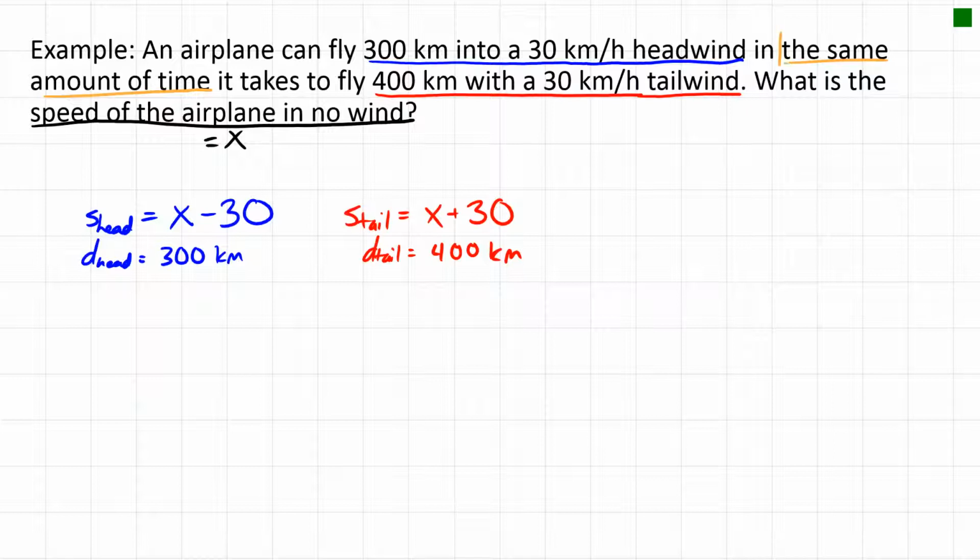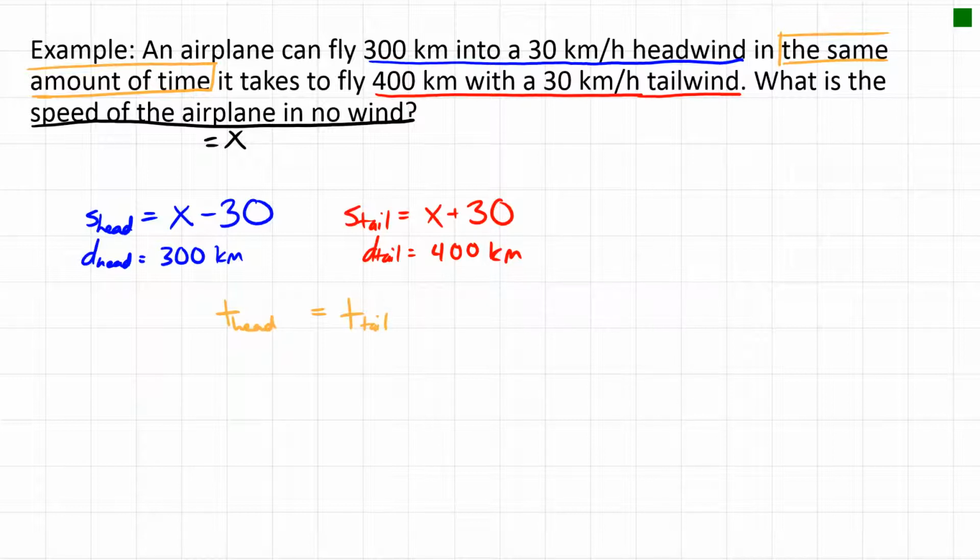And the key is what I highlighted in yellow, that it takes the same amount of flying time to accomplish this. So what I can do is I can say that the time flying in the headwind is equal, so I'll write t head. The time flying in the headwind is the same as the time flying with a tailwind.